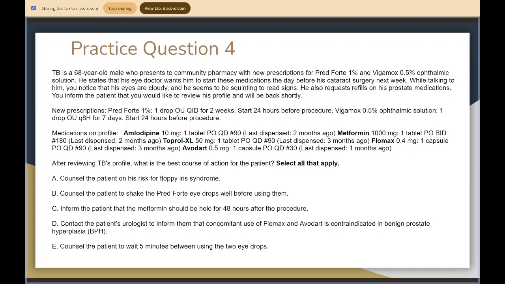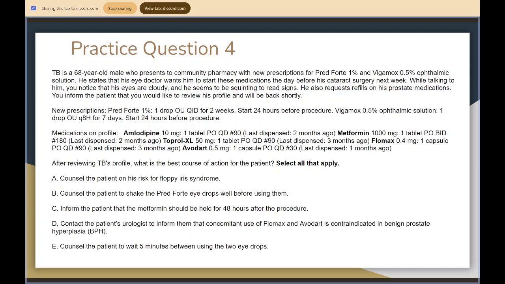Toprol XL 50 mg, 1 tablet PO QD, quantity 90, last dispensed 3 months ago. Flomax 0.4 mg, 1 capsule PO QD, quantity 90, last dispensed 3 months ago. Avodart 0.5 mg, 1 capsule PO QD, quantity 30, last dispensed 1 month ago.